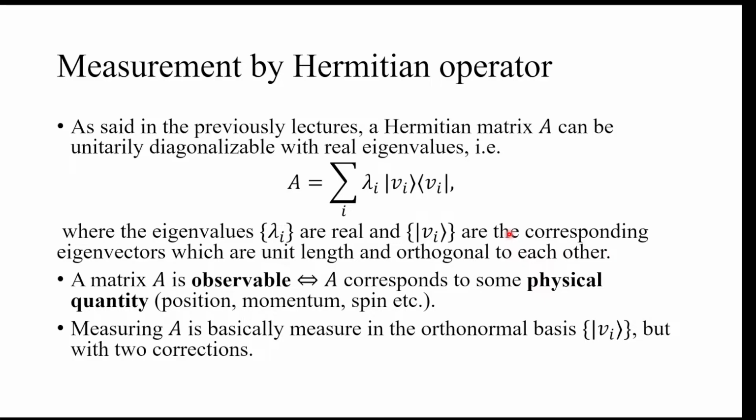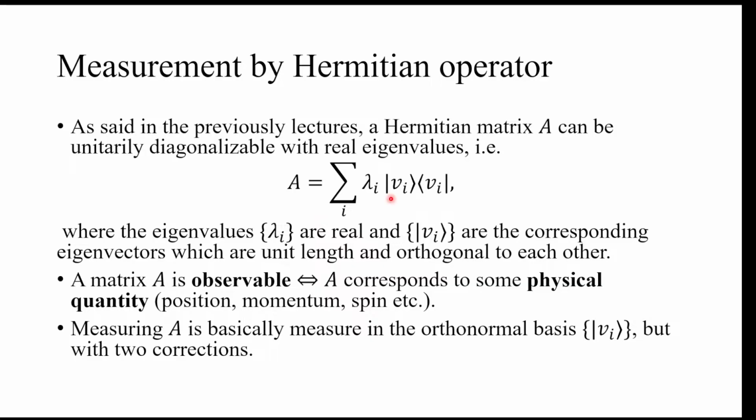Really, a measurement by a Hermitian operator can be seen as a generalization of measuring against an orthogonal basis, because we already have the orthogonal basis of those eigenvectors. So measuring a Hermitian operator is basically just measuring this orthogonal basis, but where the outcomes you label by the eigenvalues lambda i.